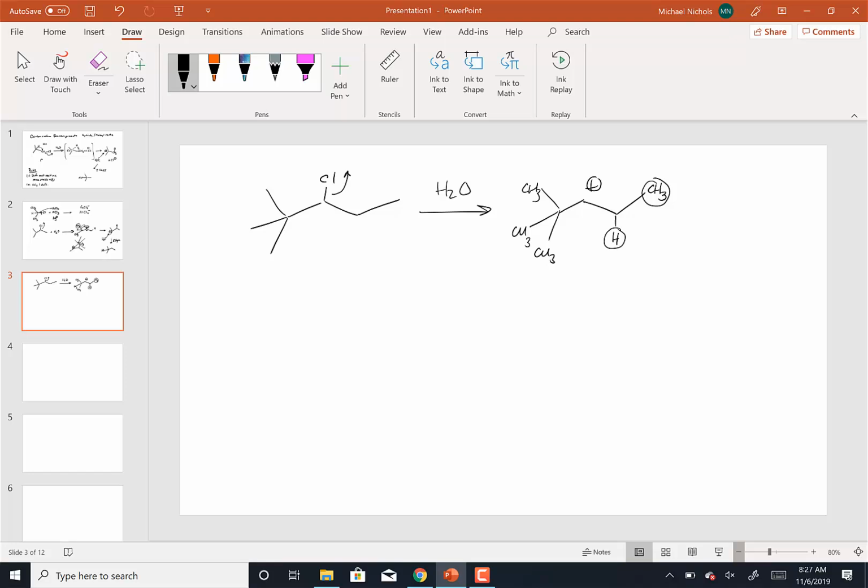But if I take a methyl group here and I shift it over so that the transition state would look like this, so again, I'd have a triangle, a bridge between the methyl group, between the carbon it's leaving and the carbon it's shifting to.